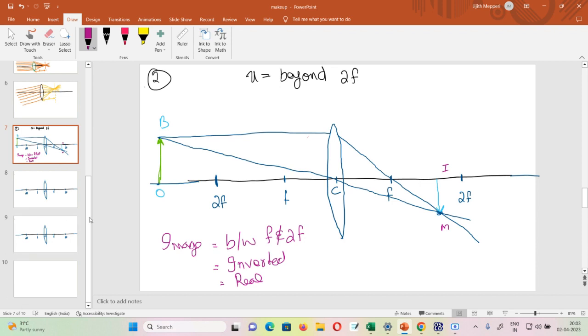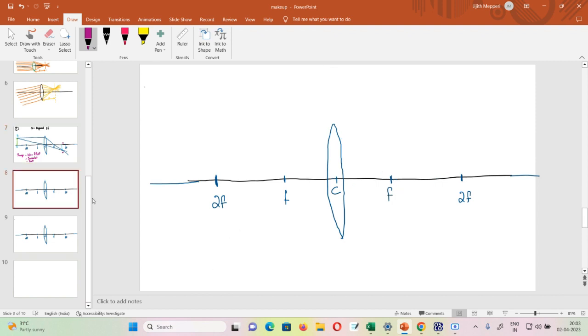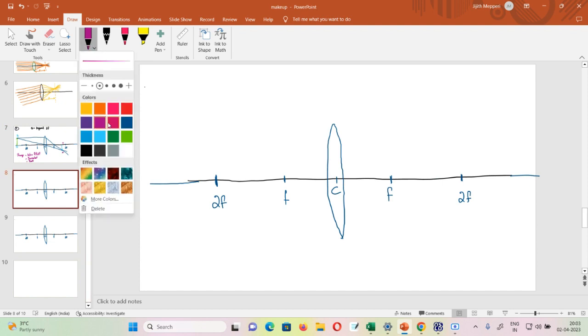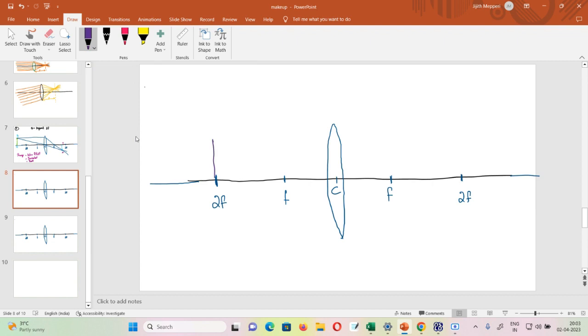Okay, now we can see what will happen if I am keeping an object at 2f. Similarly, we will trace the rays.